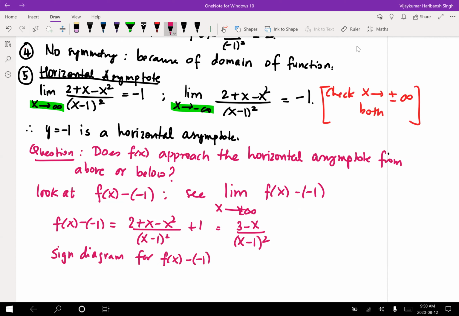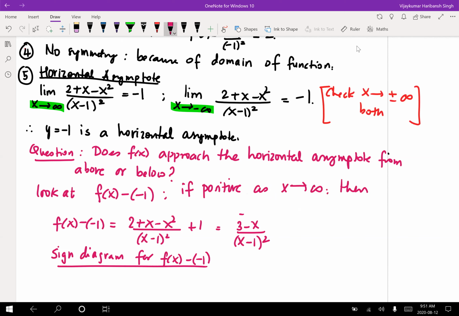If this is positive as x approaches infinity, that means f of x is bigger than y equals minus 1, then f of x approaches from the top, from above.